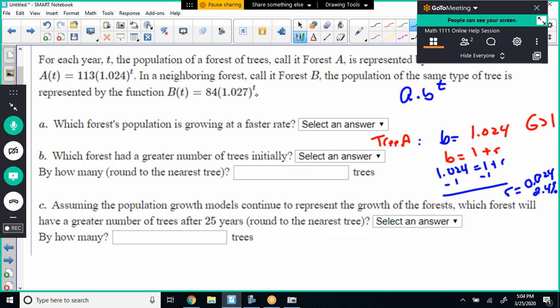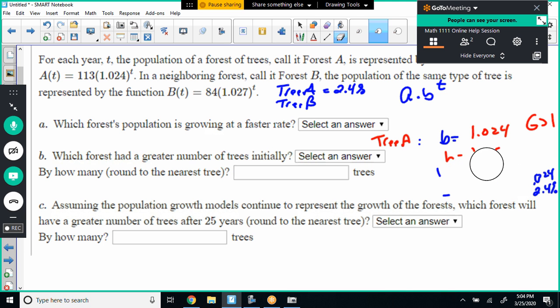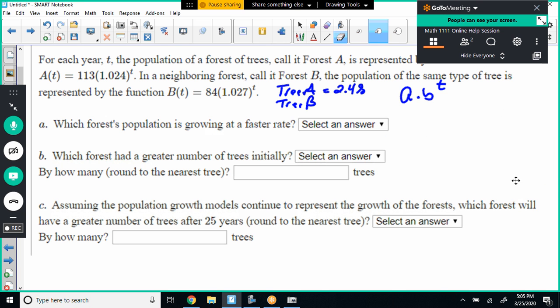So tree A is at a growth rate of 2.4%, and then we'll look at tree B. I'm going to show you this both ways.